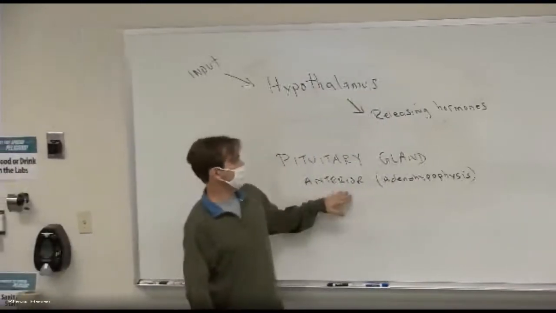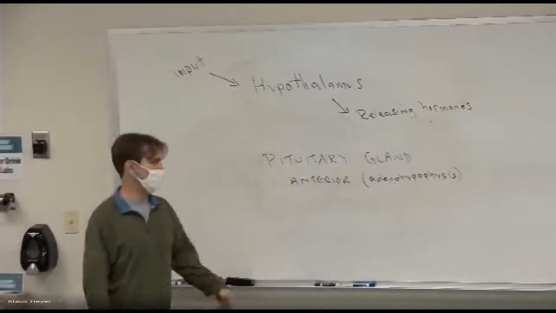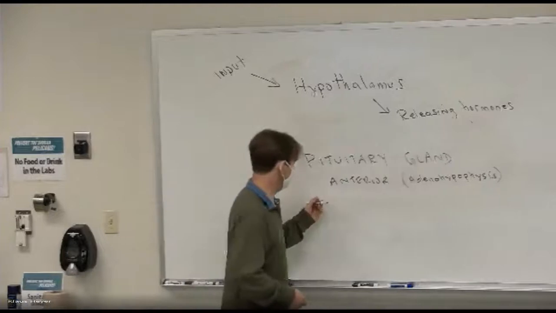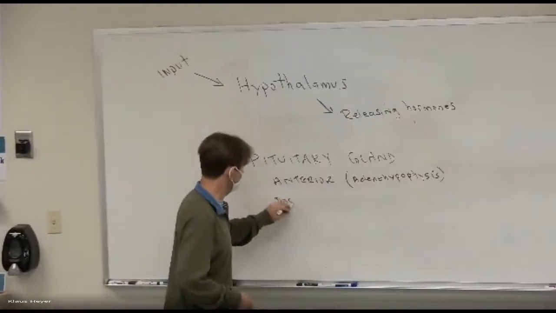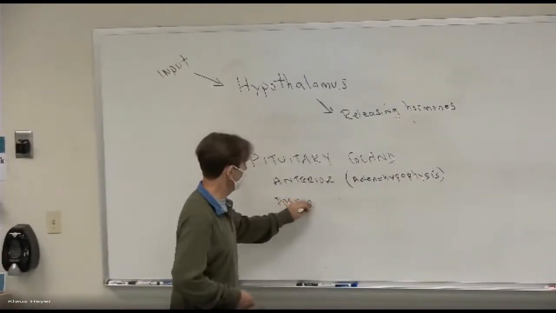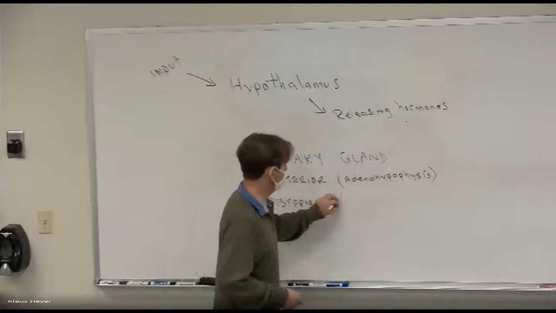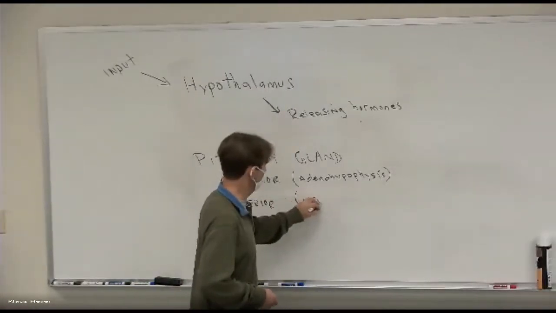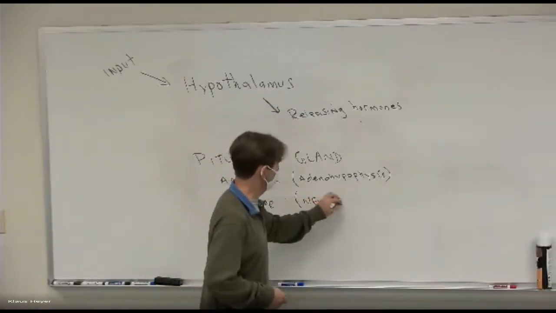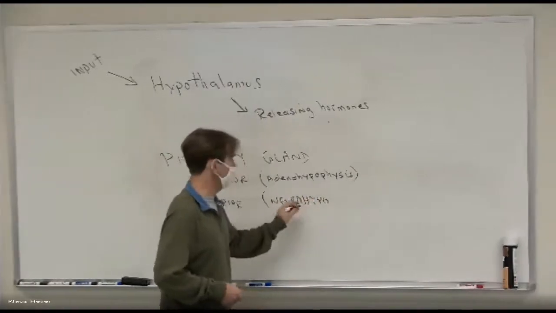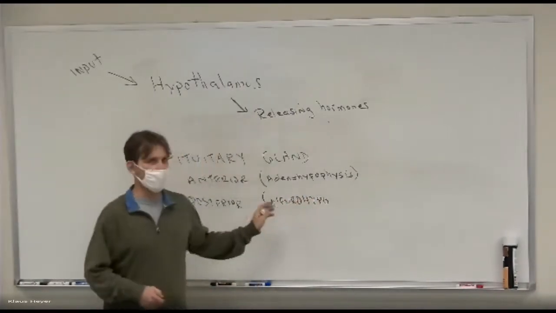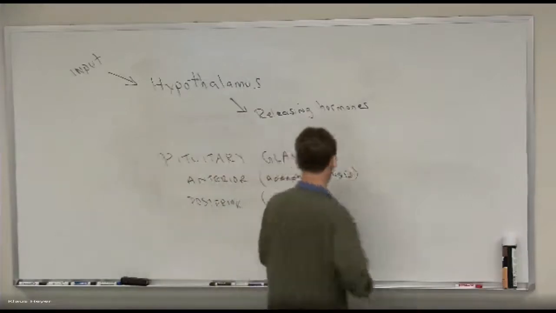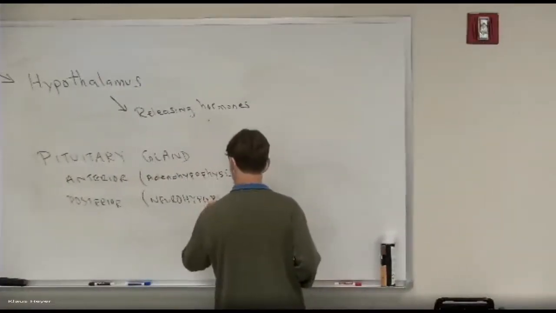The anterior, the other name for it is adenohypophysis, and then there's a posterior, which is called the neurohypophysis. So neuro you've heard of, hypo you've heard of. So the only word that you're going to learn is this word physis.